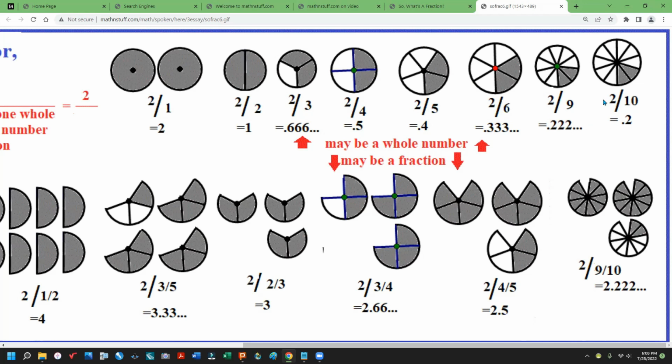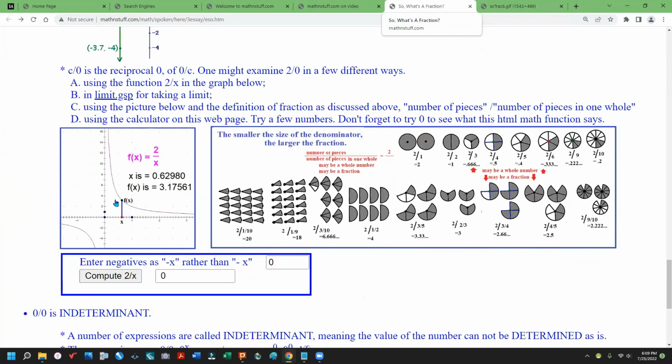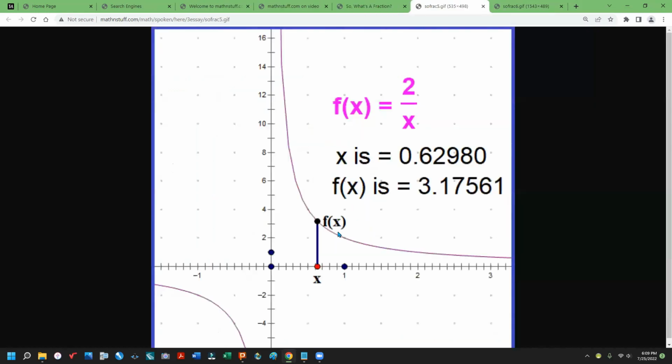We increased the number of pieces and decreased the size, increased the size. Let's go back and just look at this again. We came in from a whole number of pieces, and then we're going to the fractional number of pieces.